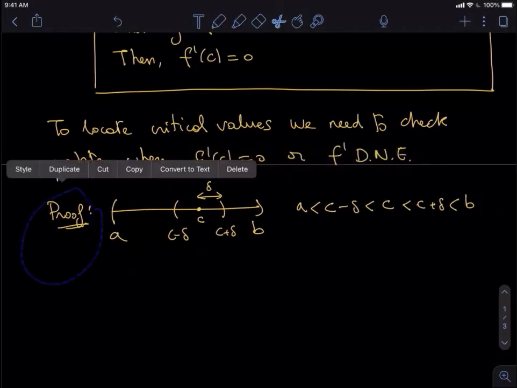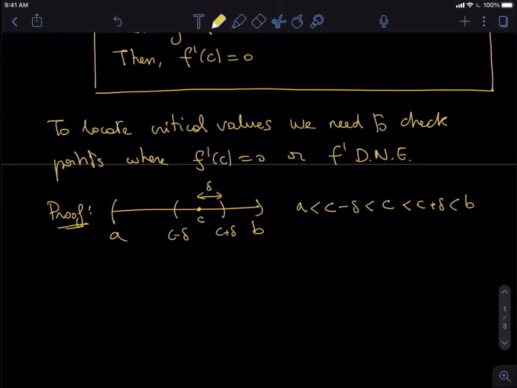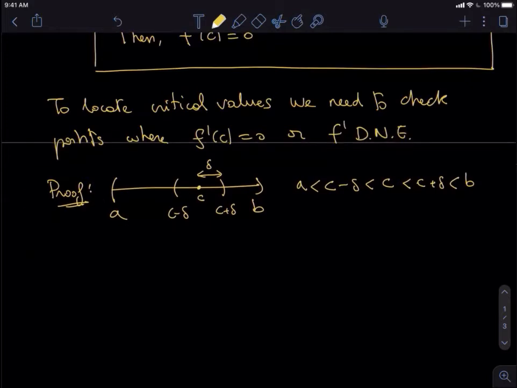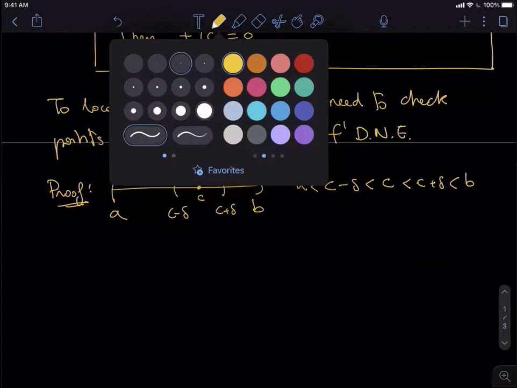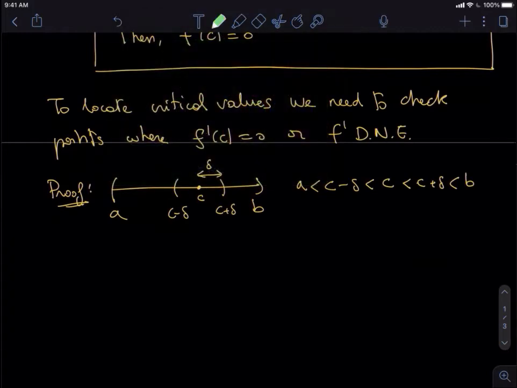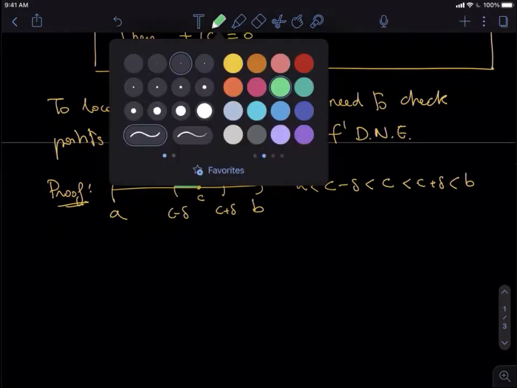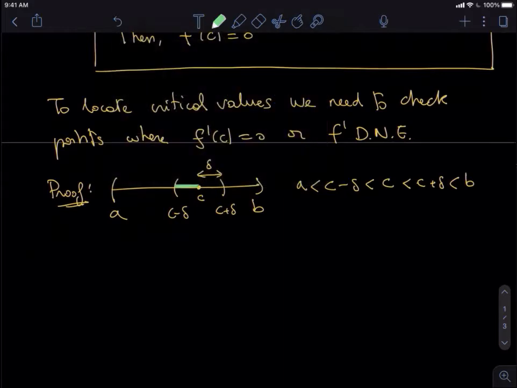Now we are going to take points on the left of c. Let me continue with the color code. So c minus delta less than t less than c.